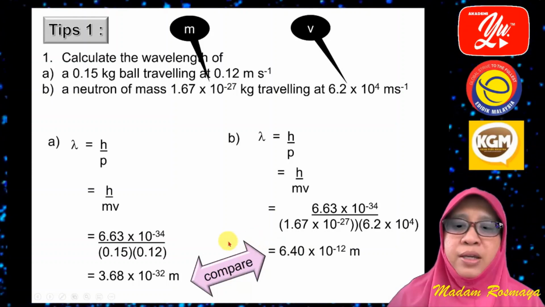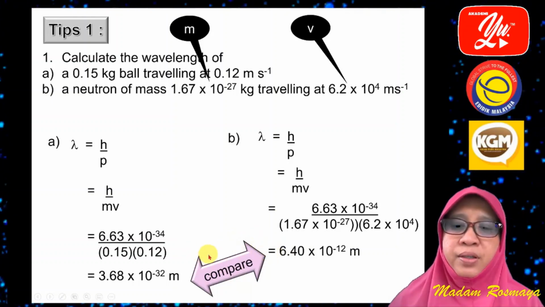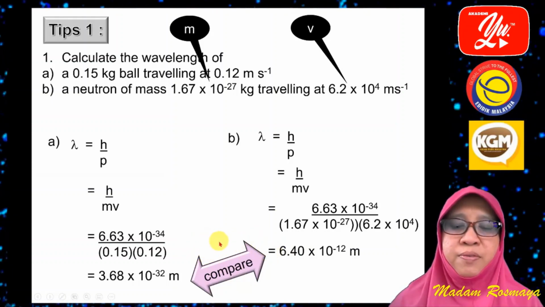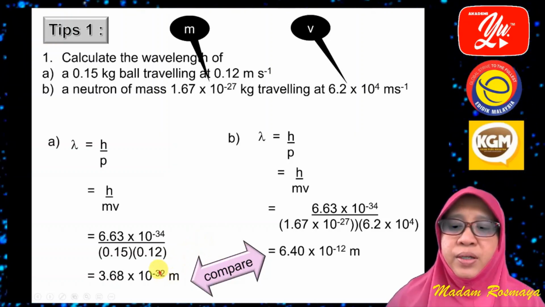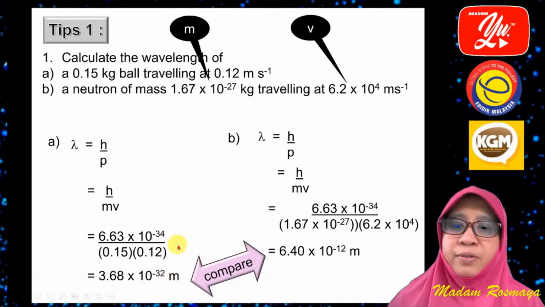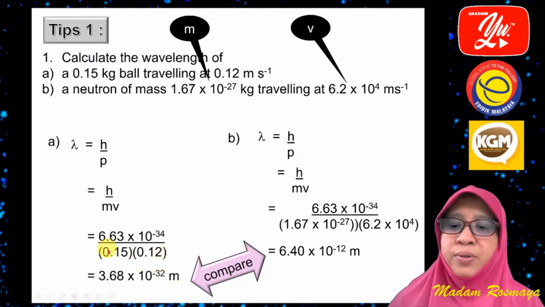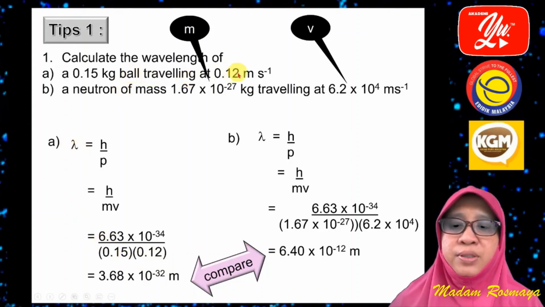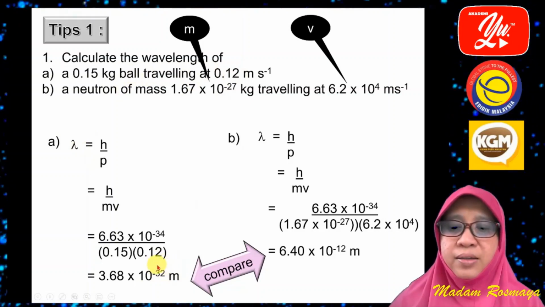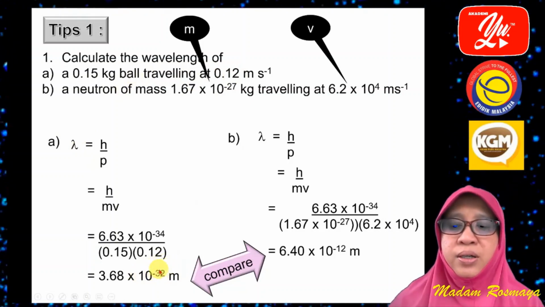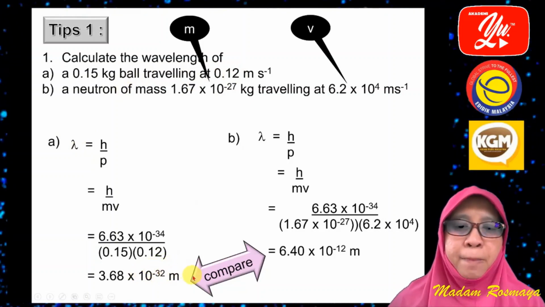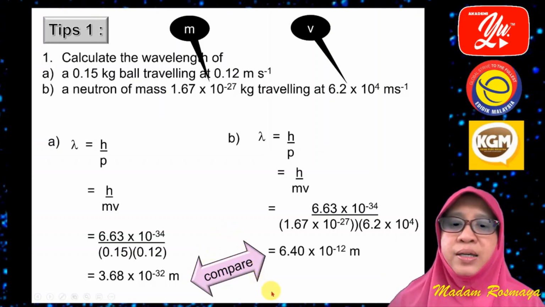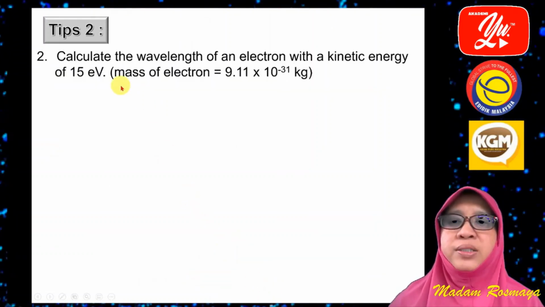That's why when we use a device like a diffraction grating to detect the wavelength for the ball traveling at this velocity, we cannot get it because it is too low in value.